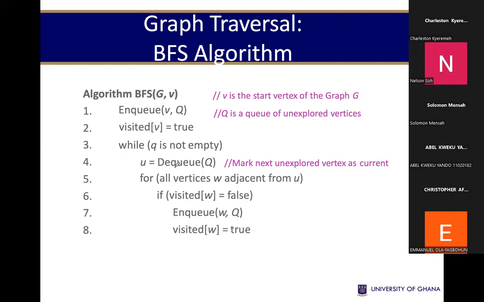Now, once we dequeue, the next thing you do is that if that particular U has been visited, it also has some adjacent nodes or friends. So what are you going to do?